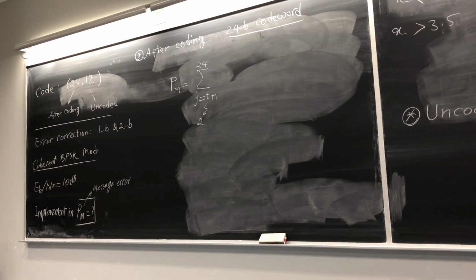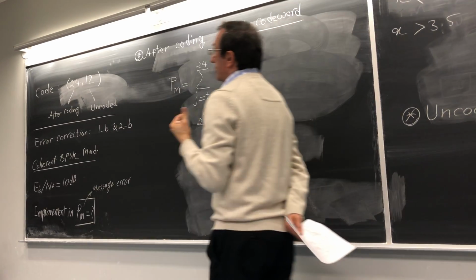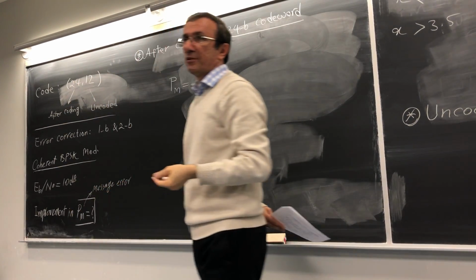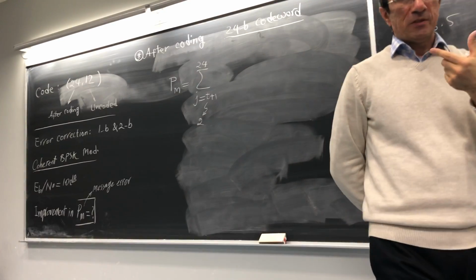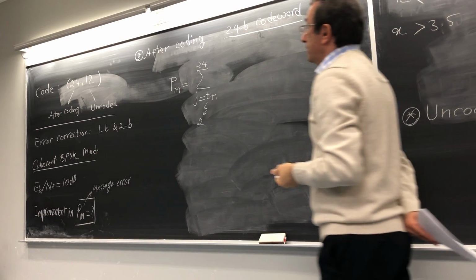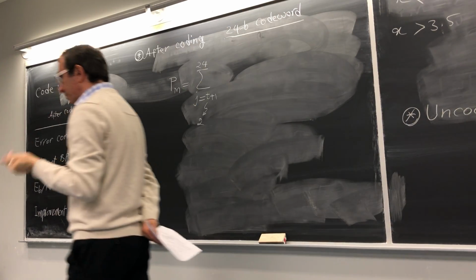This is the word that is subject to possible errors, right? It's not that just the 12 original bits would be subject to errors. Now, those 12 bits have generated a 24-bit code word, and that's going to be transmitted through the channel.